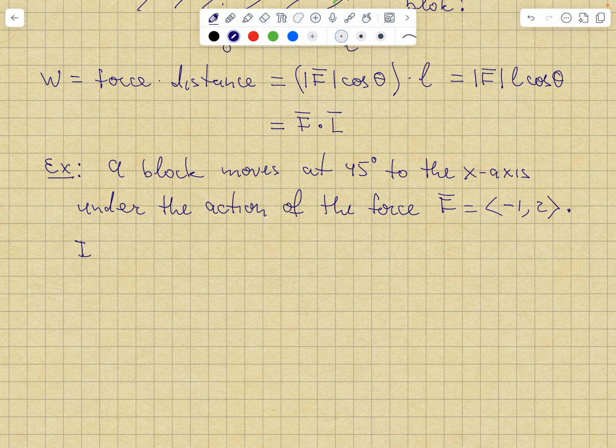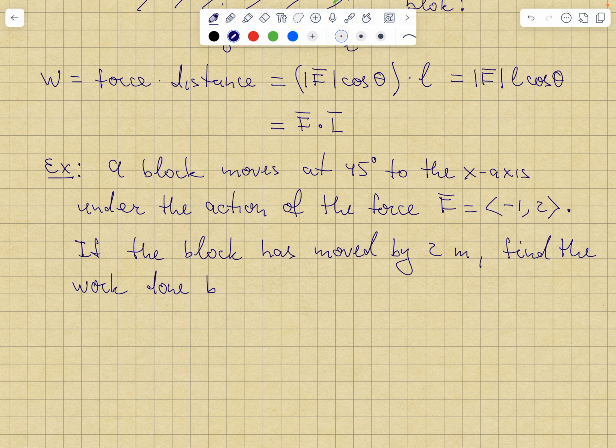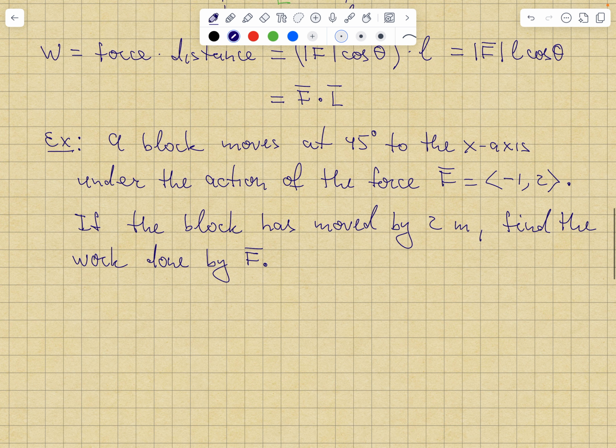If the block has moved by 2 meters, find the work done by the force F. And the point is that in this case, the only thing that I need to do, I know the vector of a force is constant, I just need to find the displacement vector.